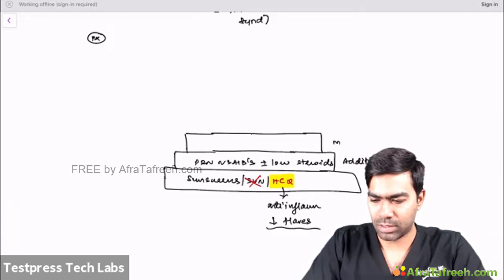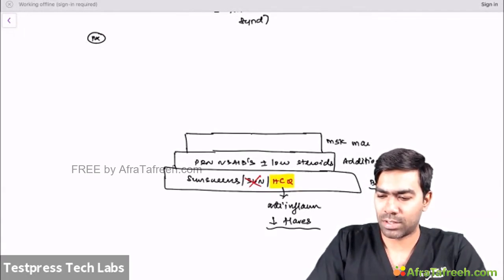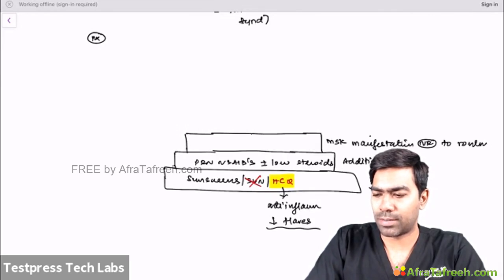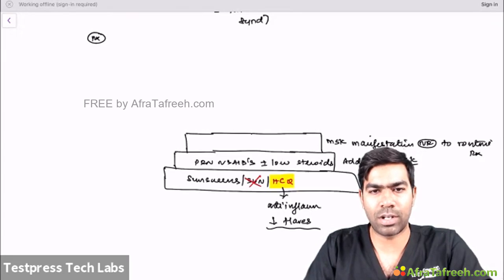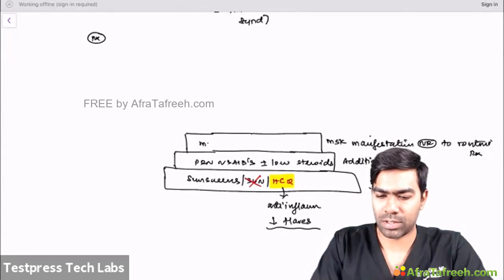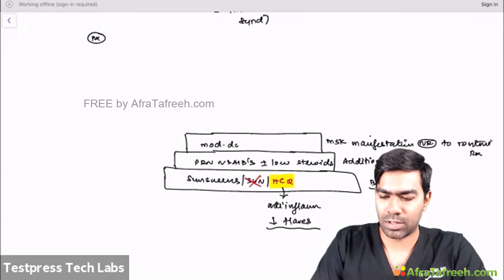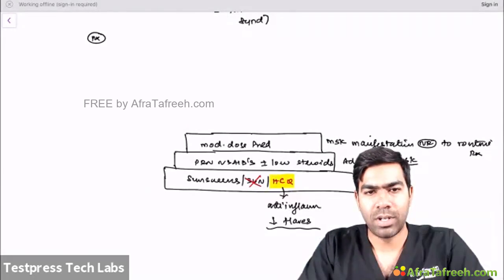So I can write MSK manifestations, musculoskeletal manifestation not responding to routine treatment, the basic treatment that you have given till now. In this setting, I can move on to a moderate dose of prednisolone. Moderate dose of prednisolone can be tried in this setting.